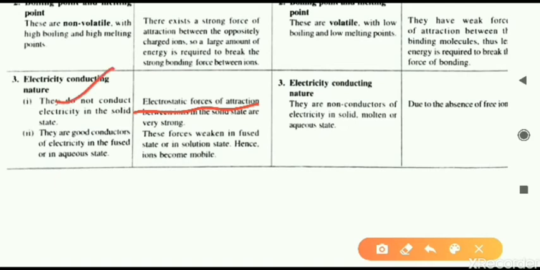But as the ionic compounds are dissolved in water or in any liquid, they can conduct electricity, because after being in the aqueous state, these ionic compounds have dissociated, or broken down into individual ions, and as a result they can conduct electricity. The same reason is written here.